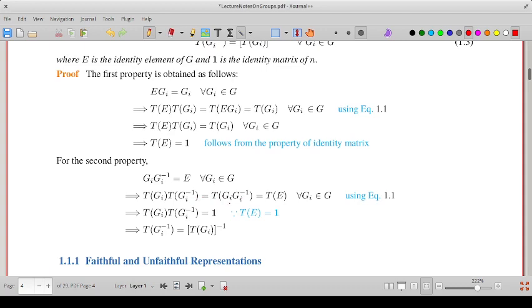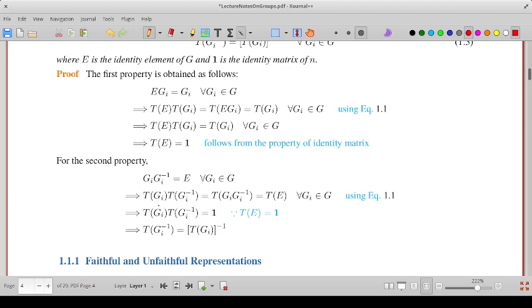But then Gi times Gi inverse is the identity element of the group, so this is equal to T of E. But we have already shown that the representation matrix for the identity element is in fact the identity matrix of order n. So this right hand side is equal to the identity matrix.